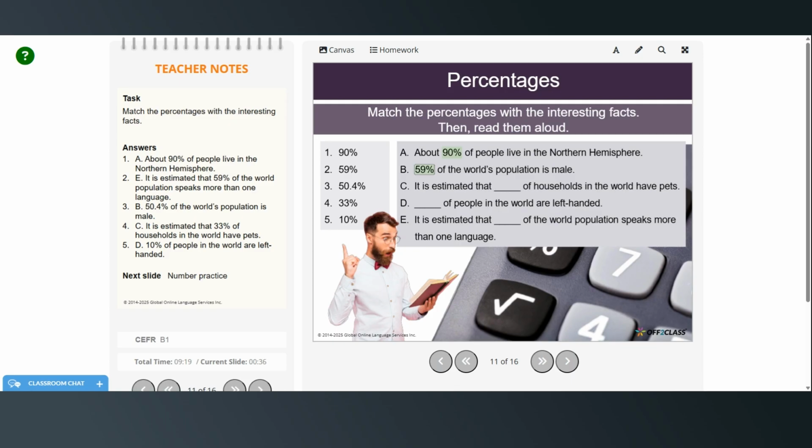wait, no, sorry, not 59%. Number 2 is E. 59% is they speak more than one language. Okay, so number 3, 50.4% of the population is male, of the world's population.